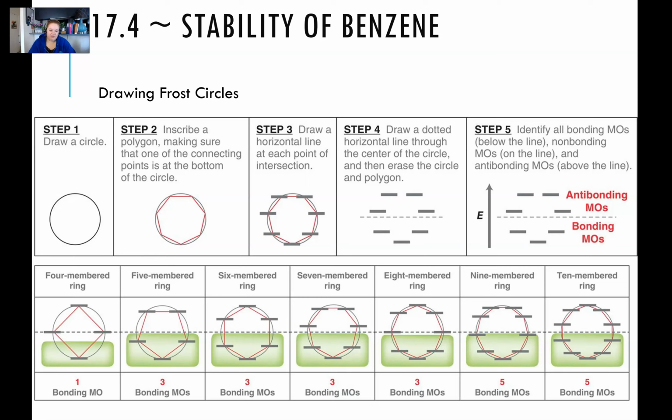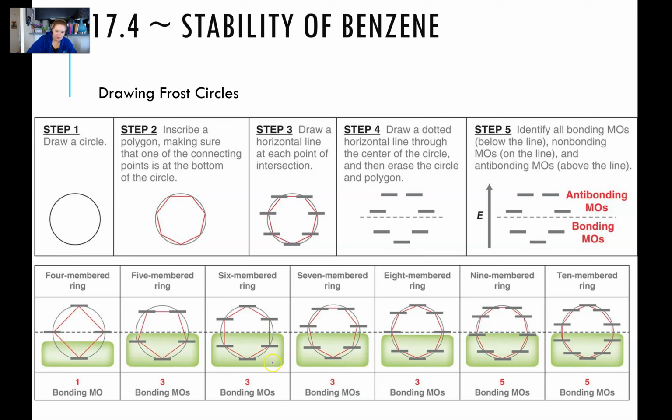There is a way to figure this out doing what's called Frost circles. So Frost circles are essentially a watered down version or a simplified version of the MO diagrams, and they're showing us if the orbitals are all in the bonding area.